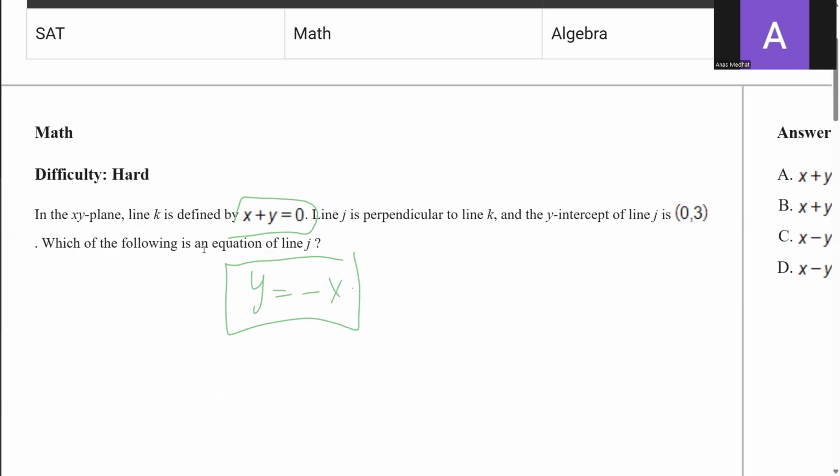So the slope for line j is negative 1 over 1, so it is negative 1 also. I mean 1. So y equals x. And it gave us the y-intercept, so y equals x plus 3.